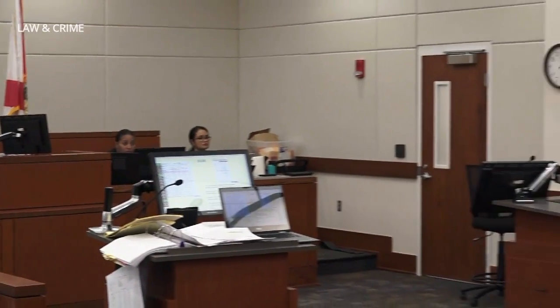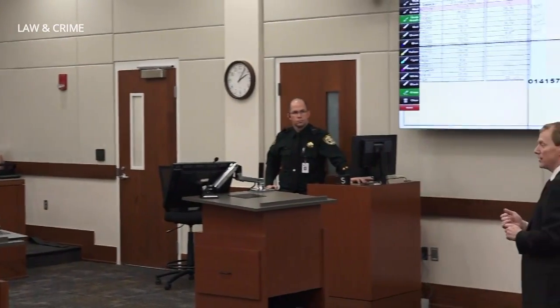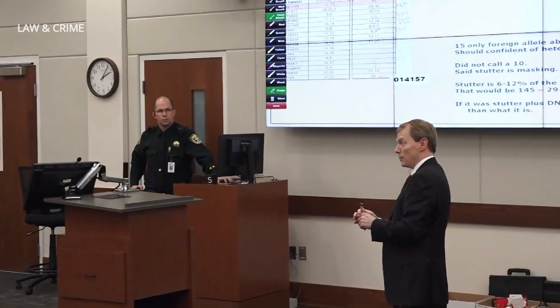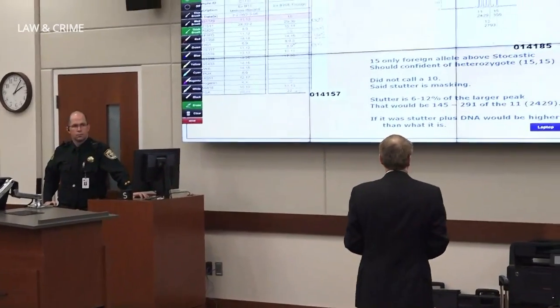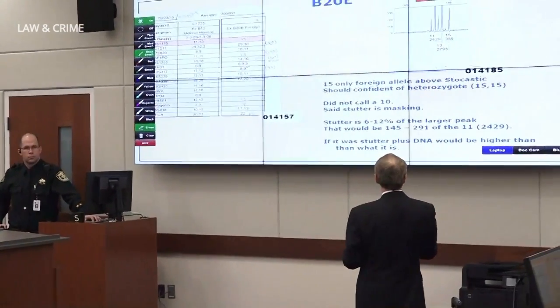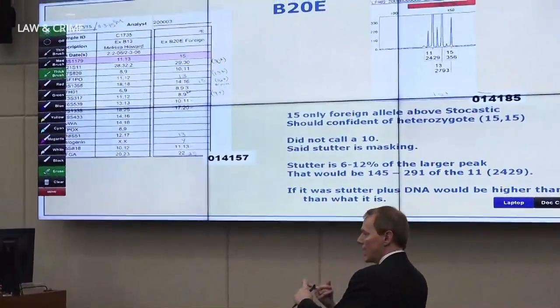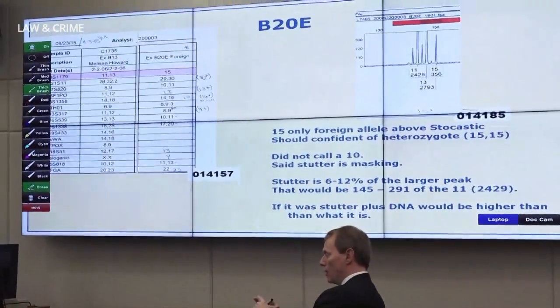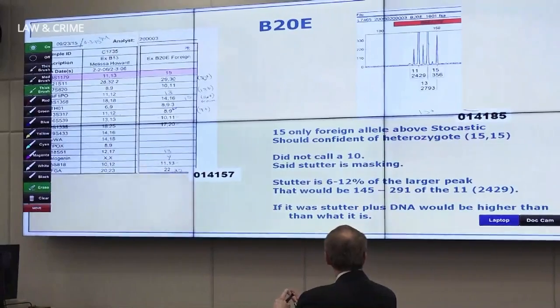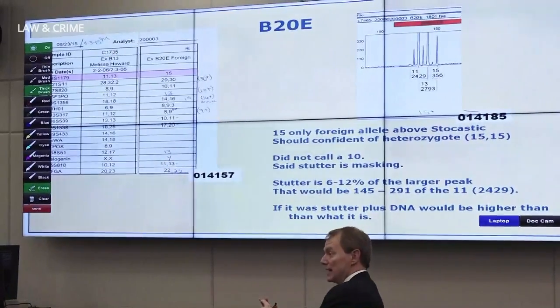Well, I think it could go with any of the other peaks as well, even ones that aren't called, like a 16. You said that the other peak could be masked by Melissa Howard's standard, correct? That could happen. I want to focus on Melissa Howard's standard masking the other peak. If Melissa Howard's standard is masking the other peak, you either have a heterozygote of 15-15, or a 15-13, or a 15-11.